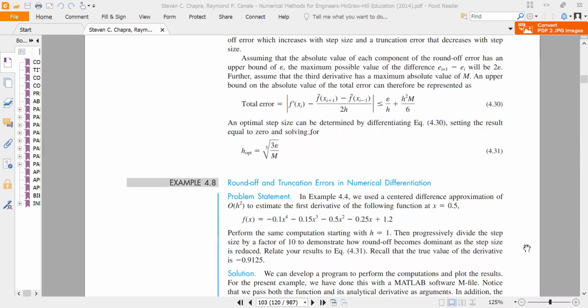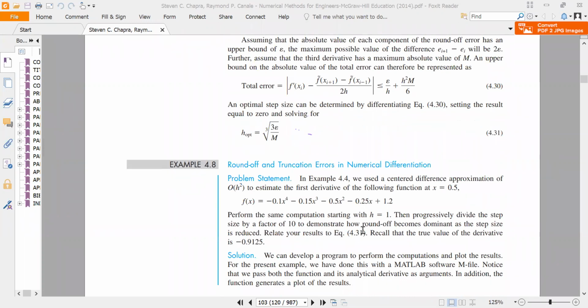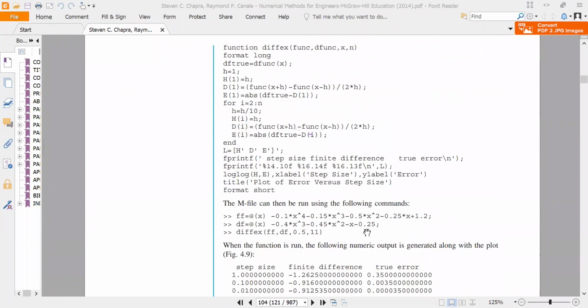You will see that if you have an error curve, from that error curve we can easily calculate the optimum value of your step size. That optimum value is given by equation 4.31. With this, you have some examples there. Try to redo the examples. Some programs are also there. I know you know how to write the program.